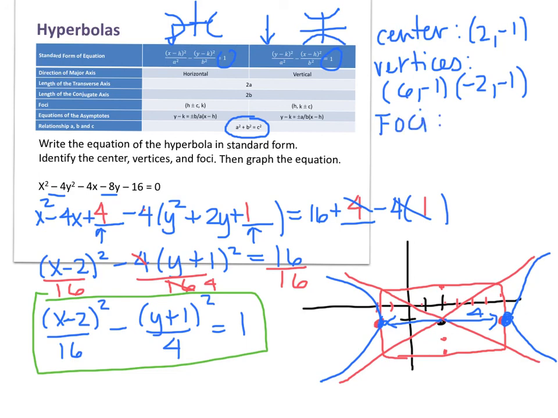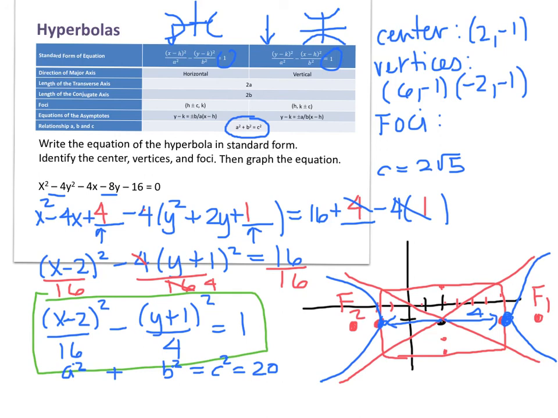Okay. So your foci, you're going to use your a squared plus b squared equals c squared. So notice here it's 16 plus 4, because that's a squared plus b squared. That's going to equal c squared, which is 20. So we know that c is going to be the square root of 20, which is 2 rad 5. And again, your foci exist right inside the folds. So this is like focus 1, focus 2.